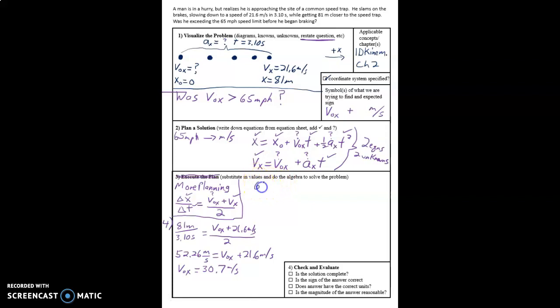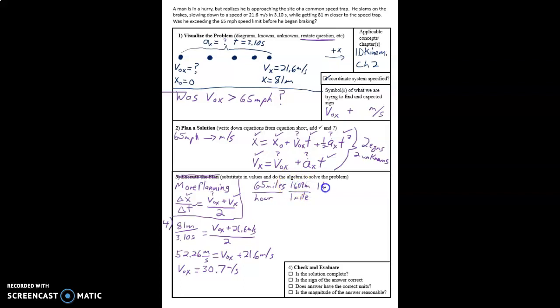We need to take 65 miles per hour, and it's much better if we're doing a conversion to write it like this than to write mph or to write a diagonal slash for miles slash hours. This way we can do the conversion and say 1 mile is equal to 1,609 meters.